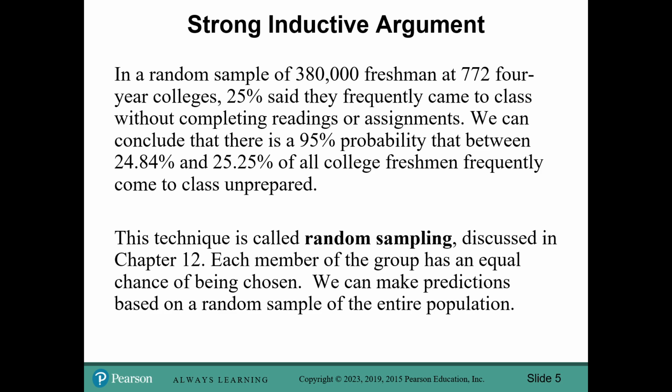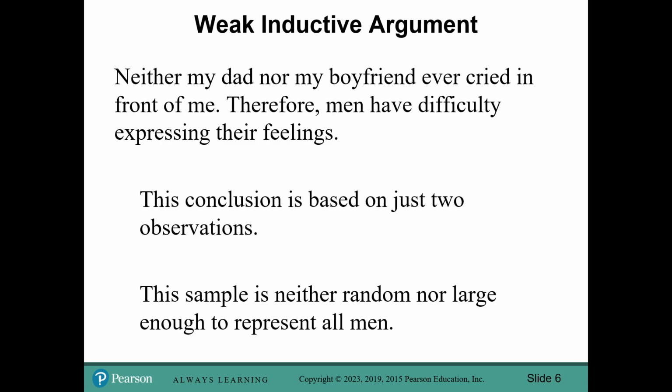We can conclude that there is a 95% probability that between 24.84% and 25.25% of all college freshmen frequently come to class unprepared. This technique is called random sampling, which will be discussed in Chapter 12. Each member of the group has an equal chance of being chosen. We can make predictions based on a random sample of the entire population.